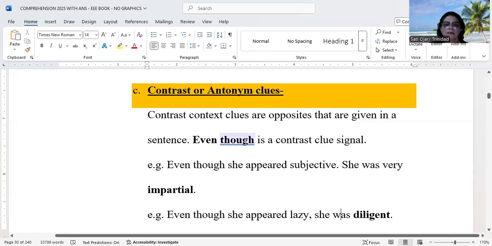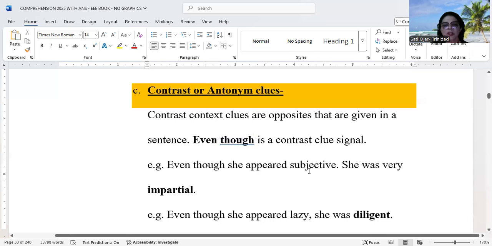Even though is a contrast clue signal, right? When you see even though, that's a hint that you're dealing with contrast signals, right? It's a contrast signal pair.